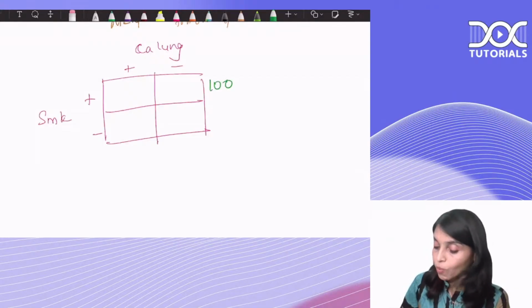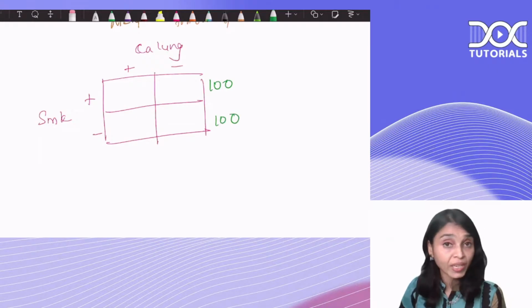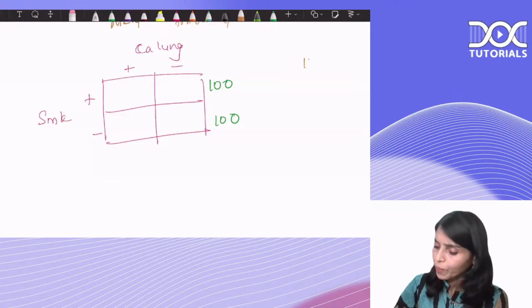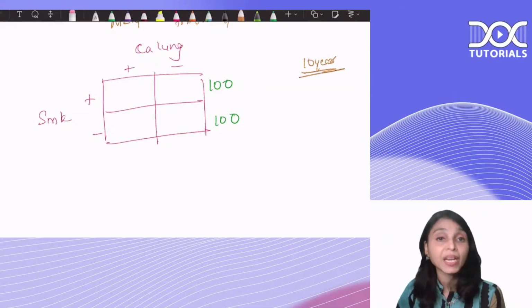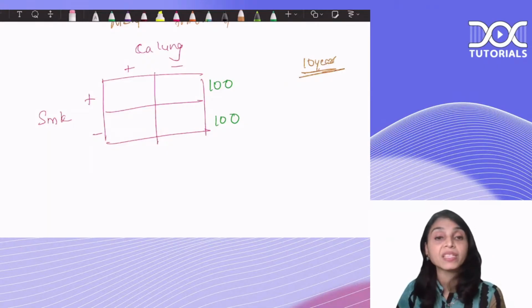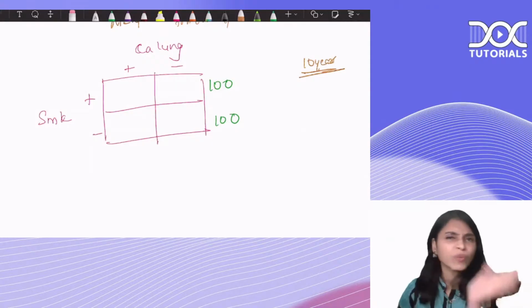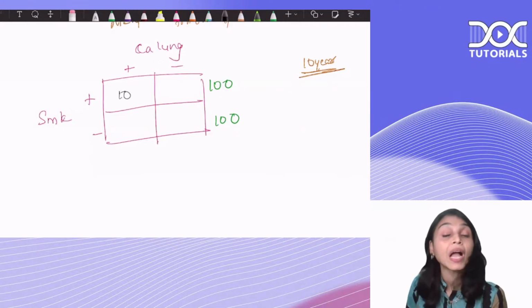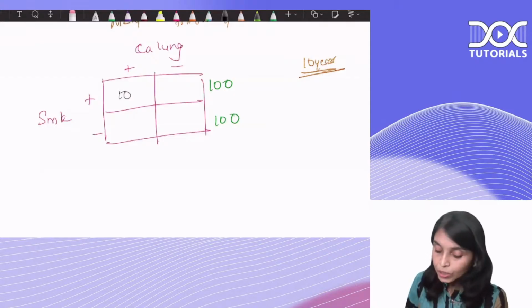From where am I starting this time? I'm starting from the smokers, right? I have 100 smokers, I have 100 non-smokers. Are you understanding? And I'm following them for say 10 years to know what percentage of smokers will develop lung cancer at the end of 10 years and what percentage of non-smokers will develop lung cancer at the end of 10 years. Okay, so just imagine that in the question it is given that out of 100 smokers, 10 develop lung cancer at the end of your follow-up time, and out of 100 non-smokers, 2 develop lung cancer.